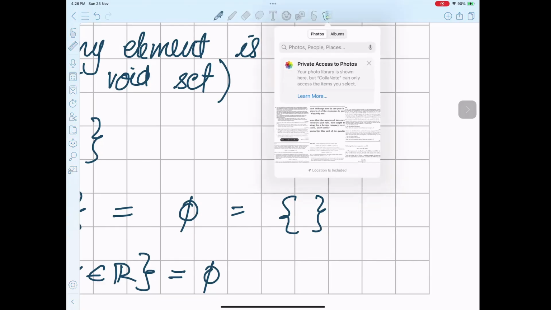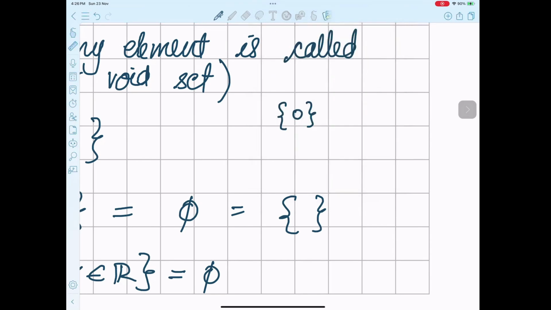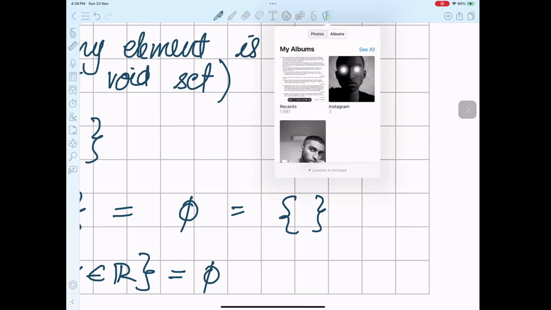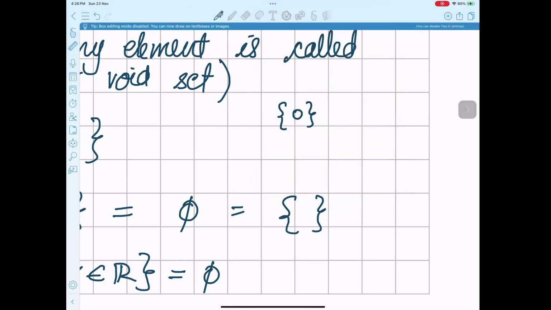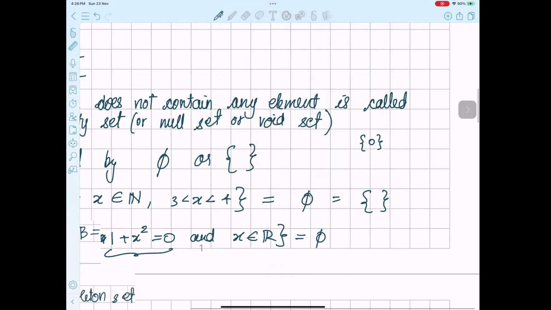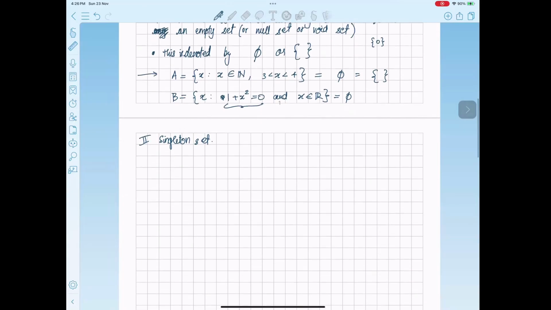Zero is also an object, and often people think that zero has no value and therefore it's not an object. That's not the case. It is an object which may or may not hold any value, right? So a zero set is not exactly a null set. It is a set that exists.